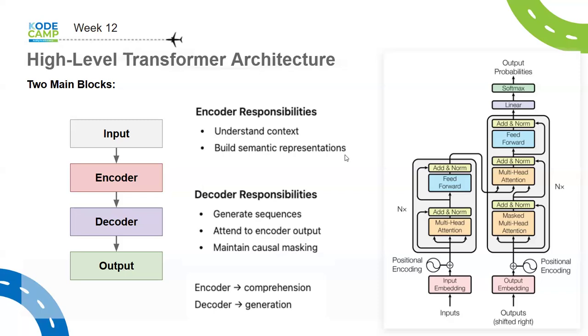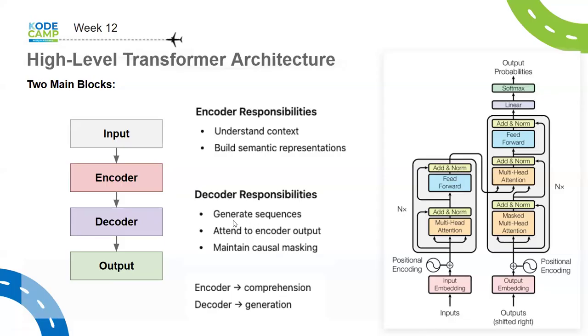The encoder's job is to understand the context of the sequence and to build the semantic representation, essentially to build the meaning of what it is receiving, right? The sequence, right? The decoder's job is to generate a new sequence based on that meaning, right?